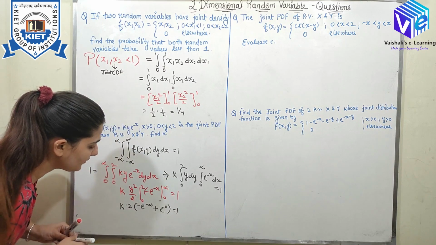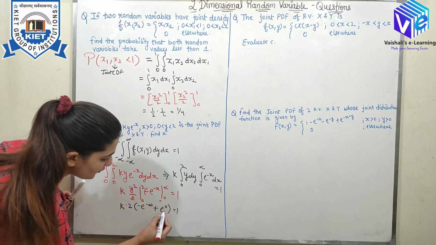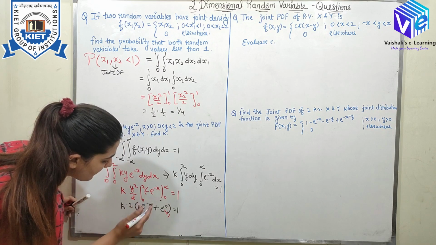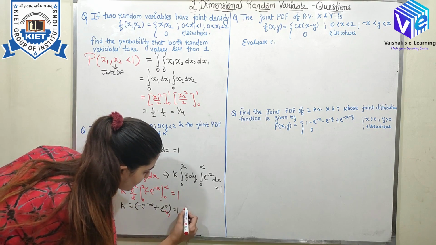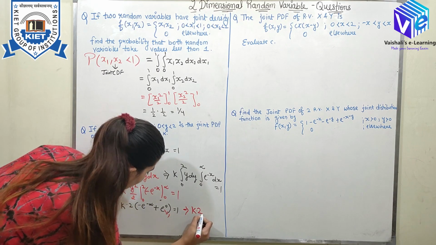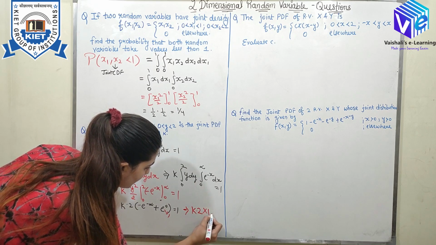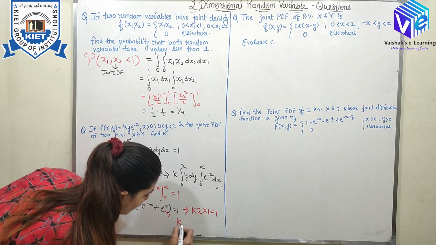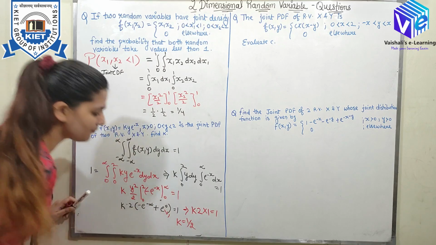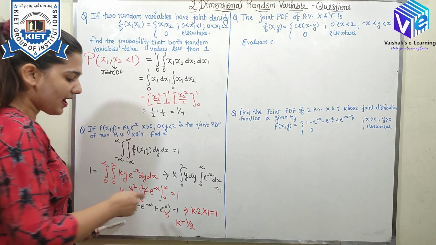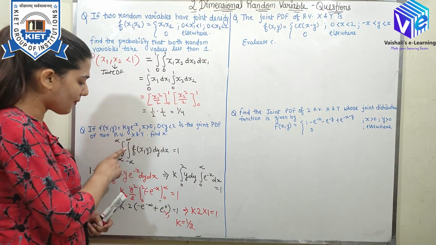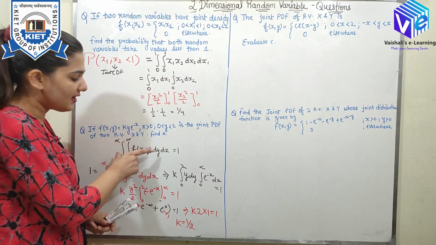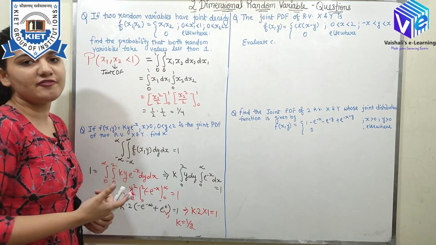Now e raised to power 0 is 1, and e raised to power minus infinity would be 0. So k into 2 into 1 is equal to 1, which implies k is equal to 1 by 2. I hope you can find the value of k using the property of PDFs. Here I am focusing on the property of PDF.